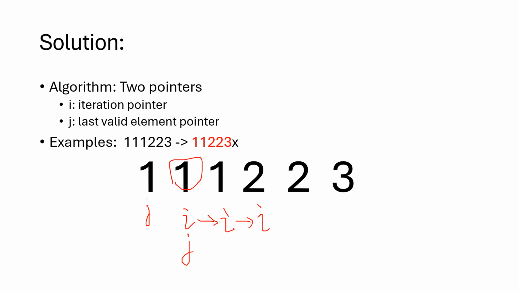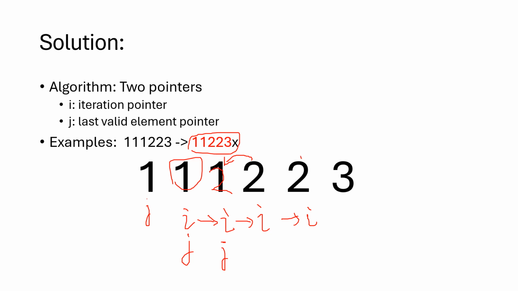So that makes this value valid. In order to achieve the result we want, we have to move this element to this place to replace the 1 here. After this operation, it will look like this. After we do this assignment, we can move J here to mark it as a valid element. Then we proceed with I moving to here. In total we have two 2s, so that's still valid.